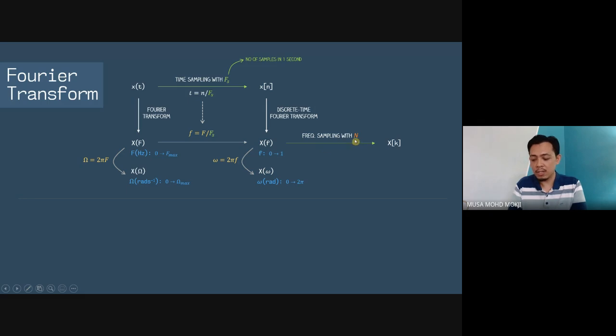There is a variable N here, but we will cover this later. To do sampling of the frequency, we need N. To do sampling of the time, we need fs. The same thing, we do sampling, so then our frequency becomes a discrete frequency. We denote it as k. We're going to use that k.